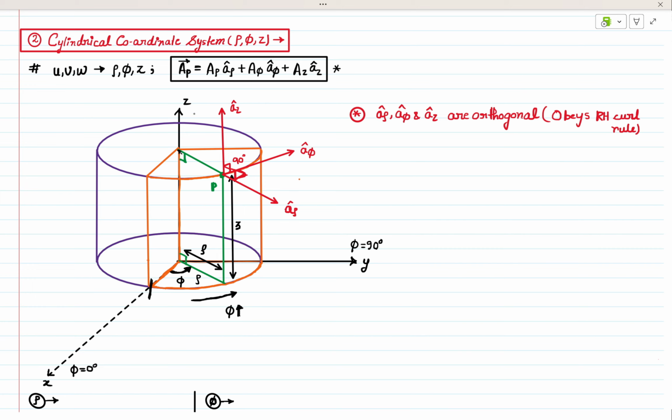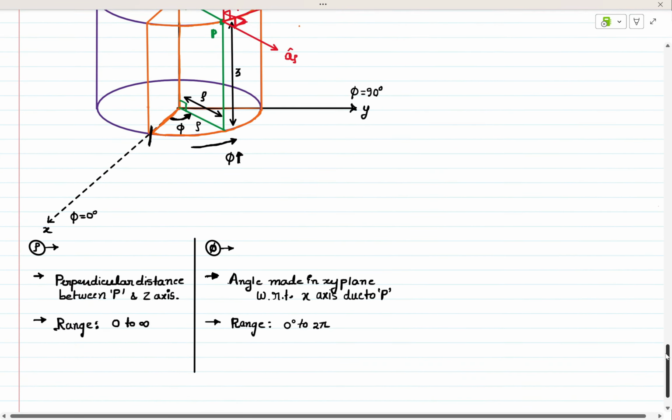Basically, for analysis purposes only, I have done a small cut over this violet colored cylinder. That is the orange colored portion. But considering the total cylinder, the range of the phi will be from 0 to 2 pi.